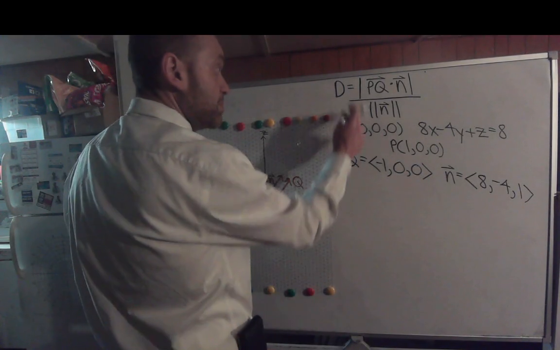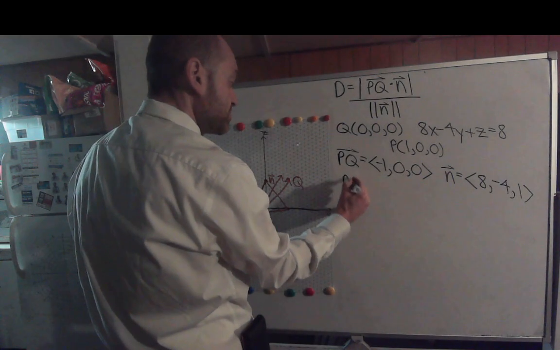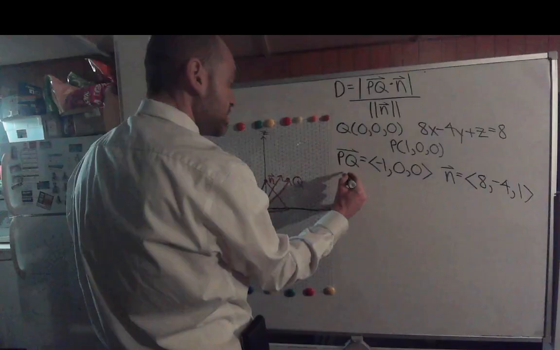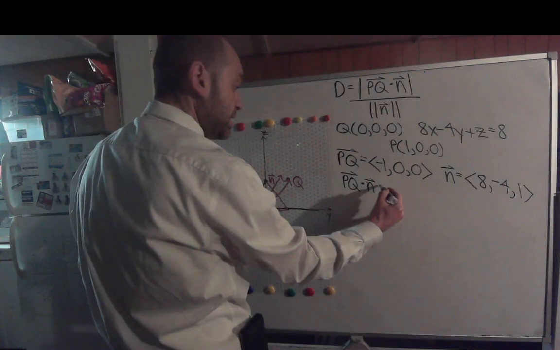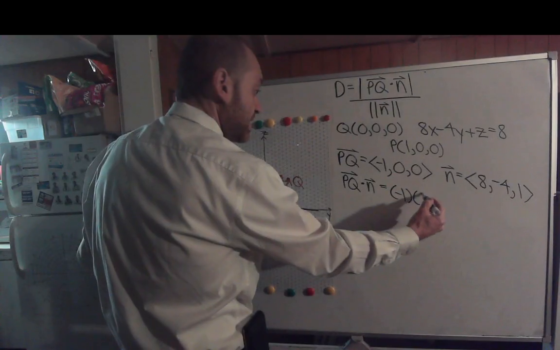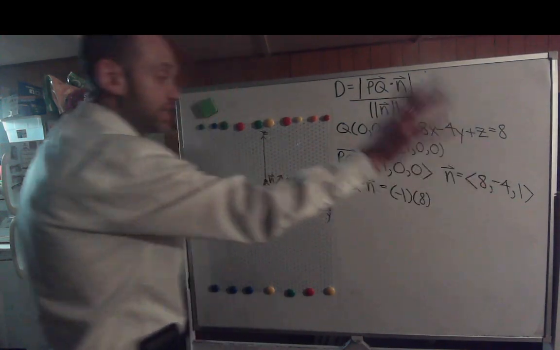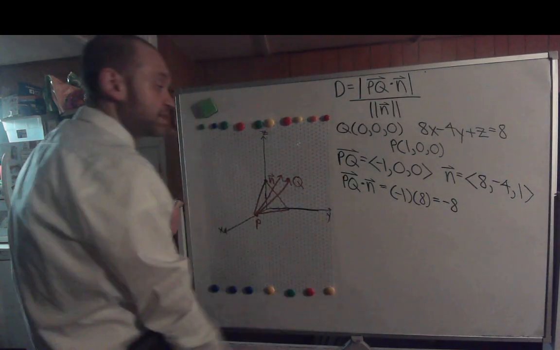Now let's go ahead and apply this formula. But first we need to find the dot product of vectors PQ and N. So the dot product here is going to end up being negative 1 times 8. Everything else is just 0 times the other stuff, so your dot product is negative 8.